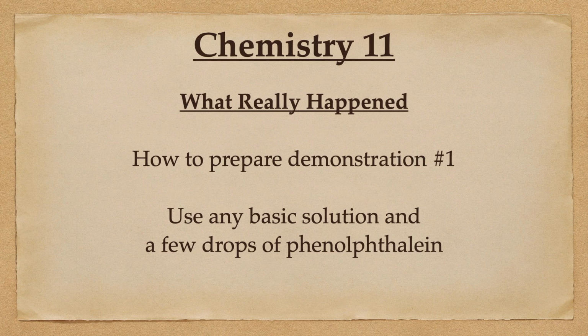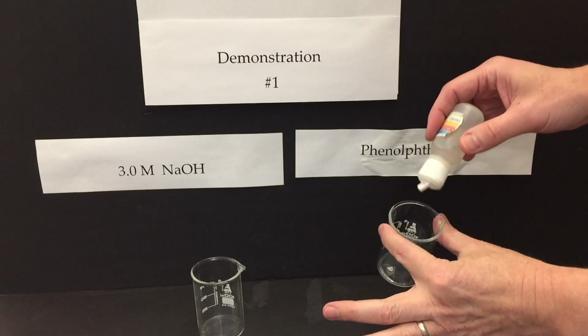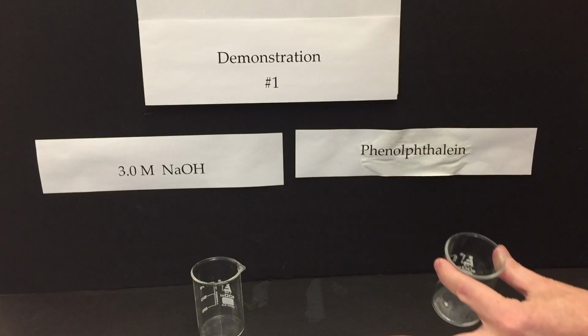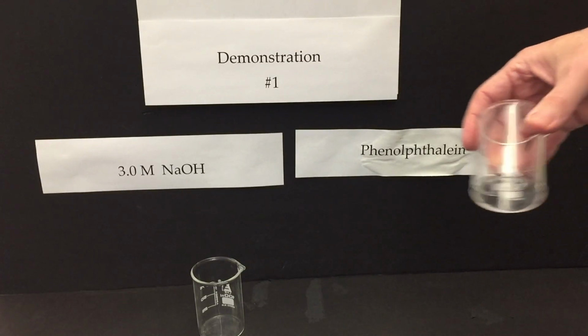So what really happened? How to prepare demonstration number 1. The clear colorless solution can be any basic solution at all. In the beaker that looks empty, I put a couple of drops of phenolphthalein. Now don't put in too much, just a couple of drops, swirl it around so that the phenolphthalein stays in the ridge.